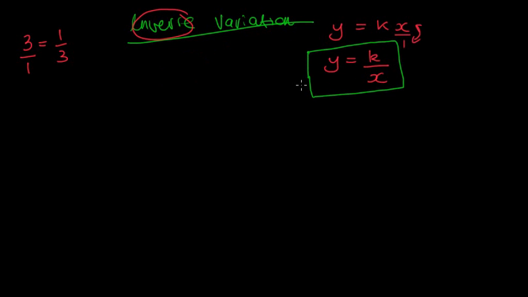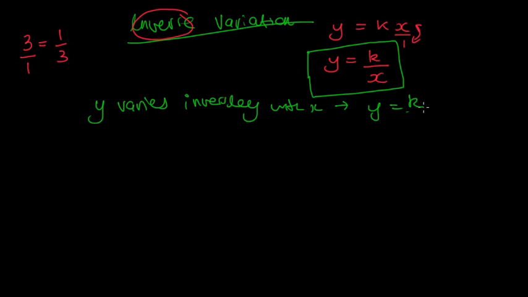As long as you can remember that, then pretty much everything else is identical to direct variation. We spoke about last lesson the more challenging ones. For example, if y varies inversely with x, then it would be y equals k over x.